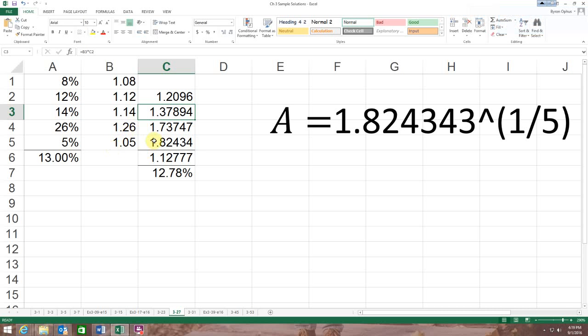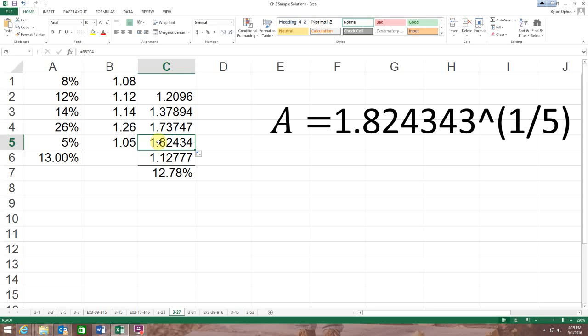Now that's going to stay similar, and so now I can just drag that down for these last couple. And I end up with this as the final. Well, now that's the product of these all multiplied together. But now I have to take the 5th root of that.